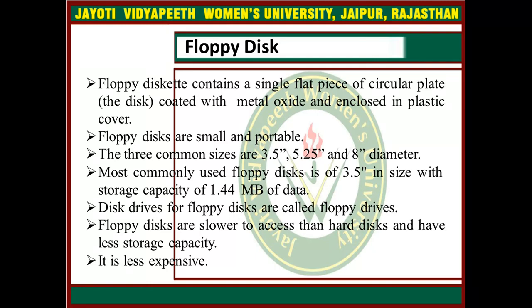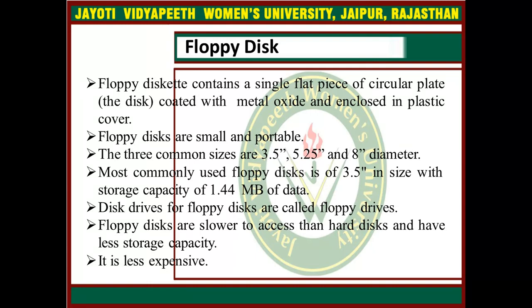The most commonly used floppy disk is 3.5 inches in size, with a storage capacity of 1.44 MB of data. Nowadays, these floppy disks are not much used because the storage of 1.44 MB is very less.